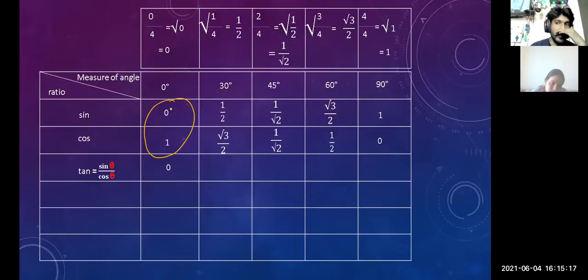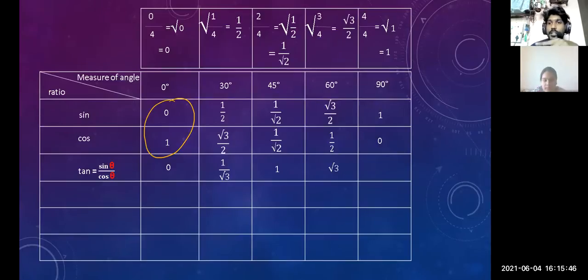Can you tell me what should come? 1 upon root 3. Next, 1. Next, root 3. And last one.